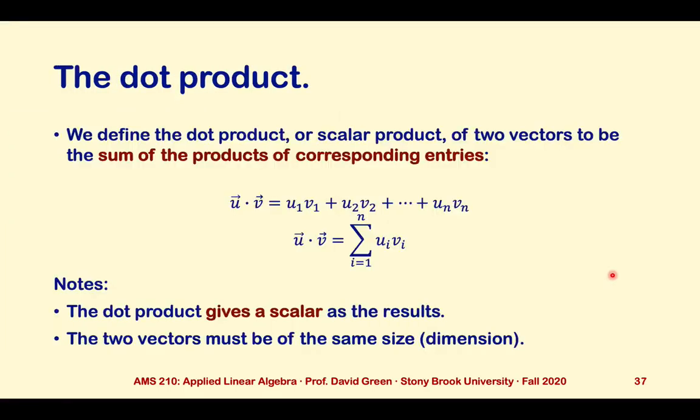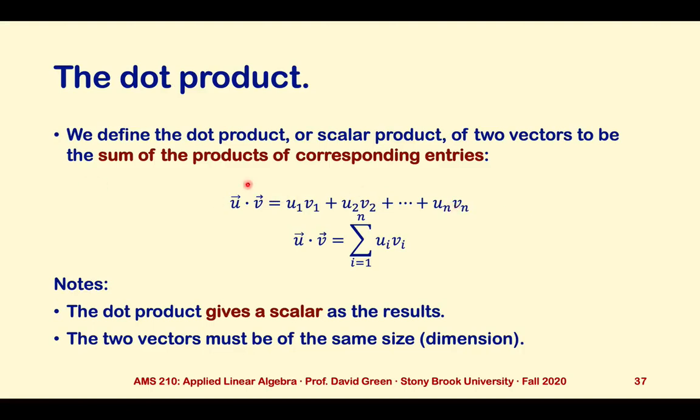This motivates us to define this sum of the product of corresponding entries of two vectors. And we call this the dot product, sometimes called the scalar product. So the dot product or scalar product of u and v is a sum of all of the products of corresponding entries. u1 times v1 plus u2 times v2 plus u3 times v3 and so on until we reach the end of the vectors.